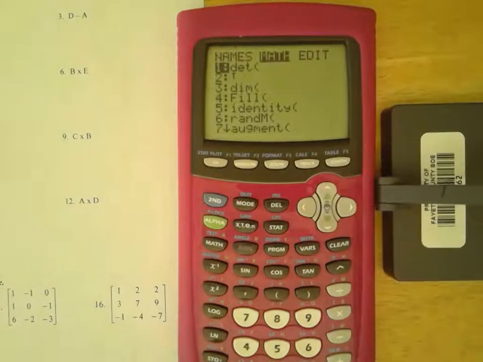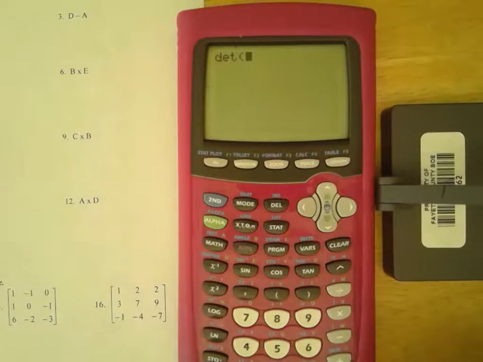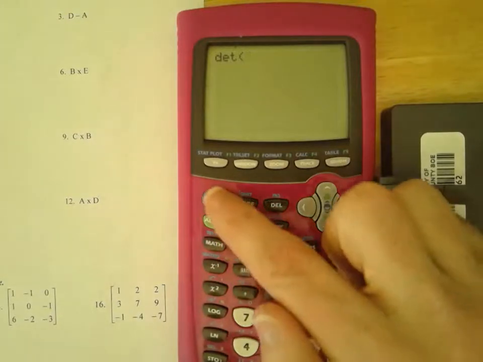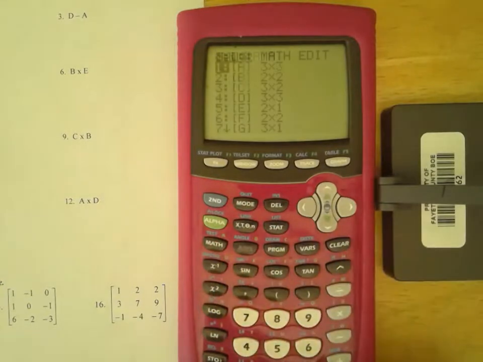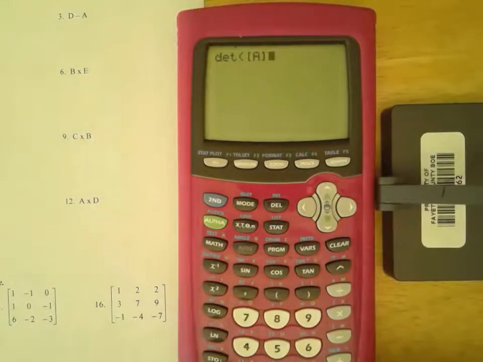Over in the mathematical operations, do you see choice 1 is DET? That's determinant. So if I hit enter, I'm going to just do the determinant of matrix A. So I do second matrix, choice 1, determinant of A. It's negative 130.